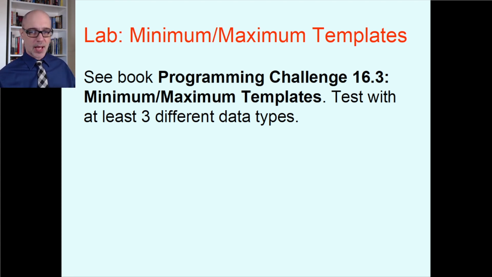And I would want to test our functions with at least 3 different data types. So this ought to work for 2 integers. This ought to work for 2 doubles. You should be able to compare 2 strings for dictionary order. We've done that before. You should be able to compare 2 feet inches objects and determine which of those 2 things is larger or smaller.